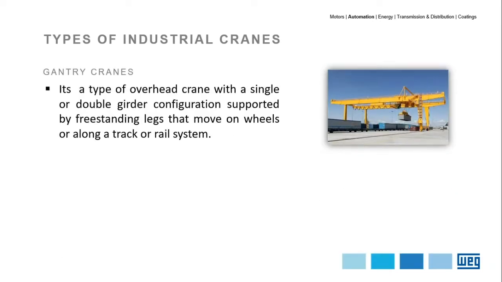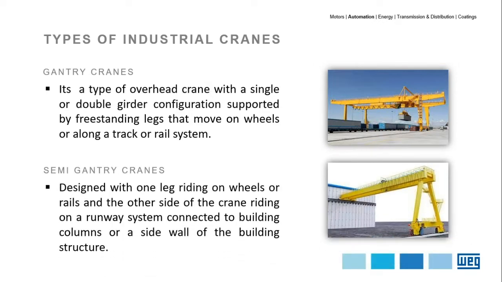Gantry cranes. It's a type of overhead crane with a single or double girder configuration supported by freestanding legs that move on wheels or along a track or rail system.